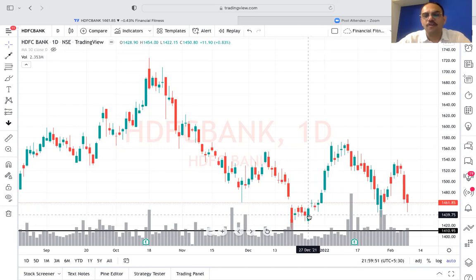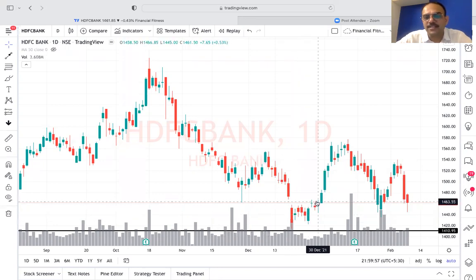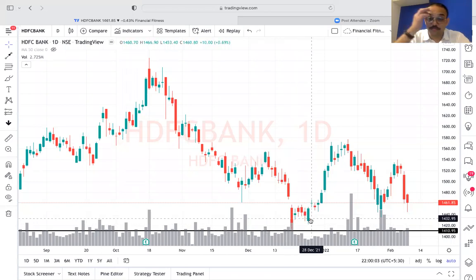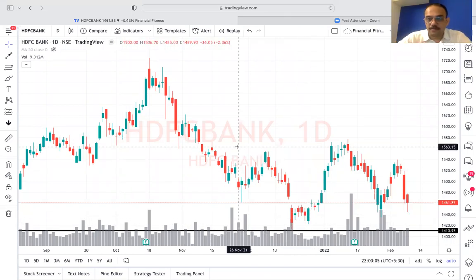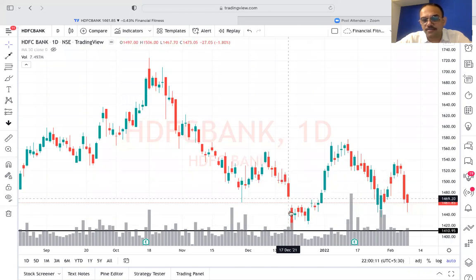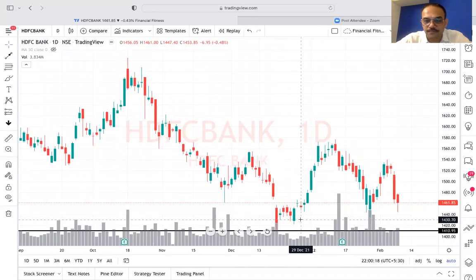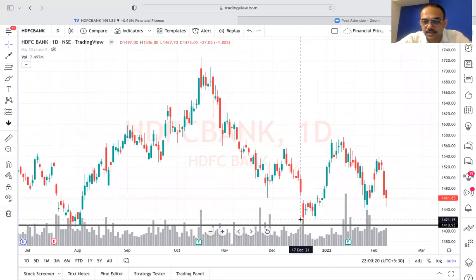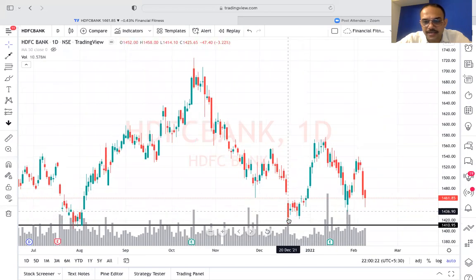If it is strong or high, good, straight away start buying the share. If the volume is not strong but a reversal pattern is there, you have to buy and take a chance, but it may or may not be. But volume more than this is important. When it is coming to support and you see a red candle near the support or above the support with high volume, can you see this red candle here?